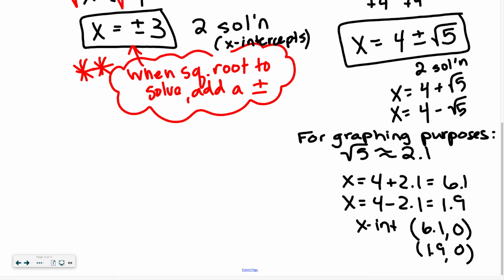And you probably want to evaluate it so that it makes sense. Like you need 6.1 feet of fencing. You don't want to tell someone to go to Menards and pick up 4 plus square root 5 feet of fencing. Then you give the rounded answer. But generally, if it's just a workout problem, leave it in exact form.